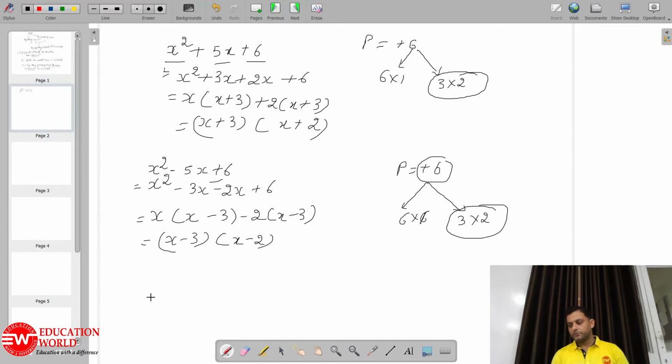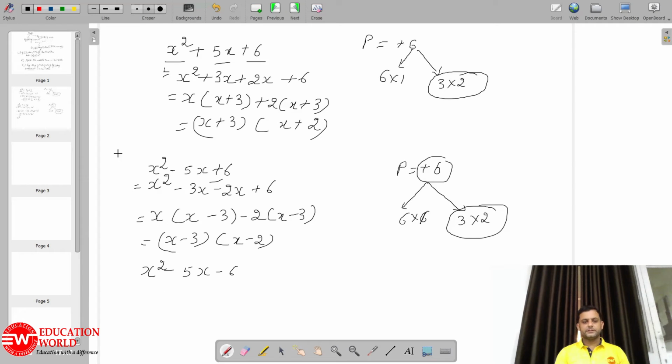Another question now I am going to put, when the last two terms have different signs. See here, this is our first and this is our second. Again in this case our product is negative, because minus 6 into plus 1, the product is minus 6.